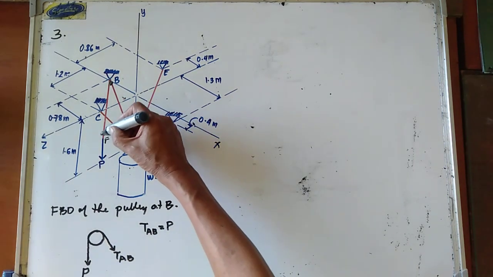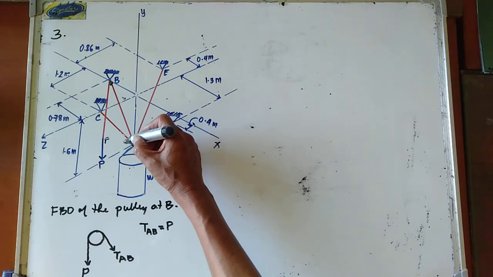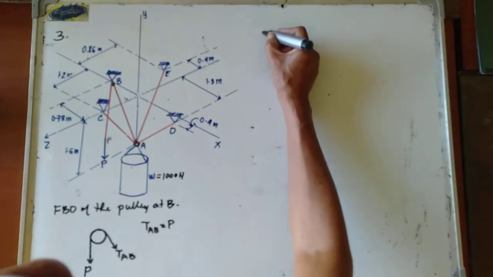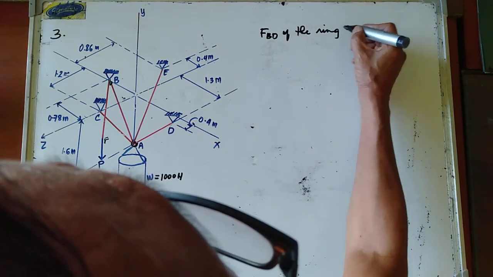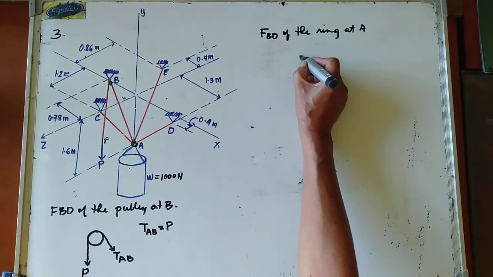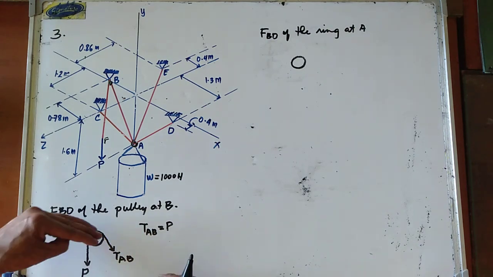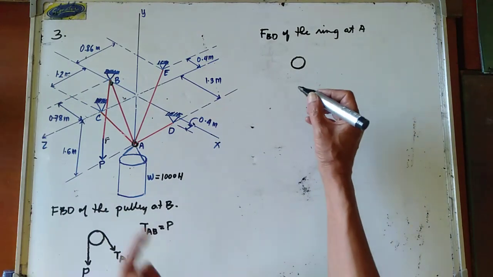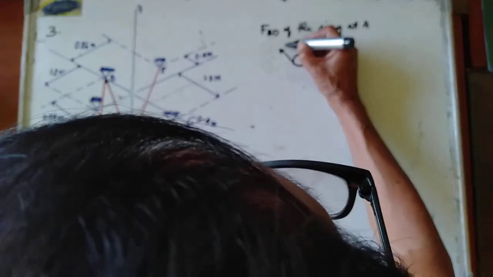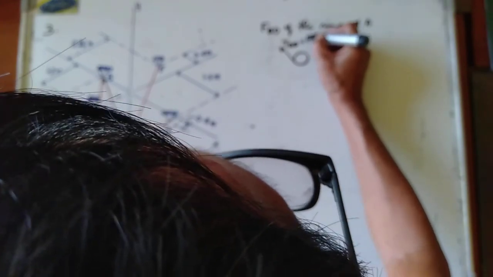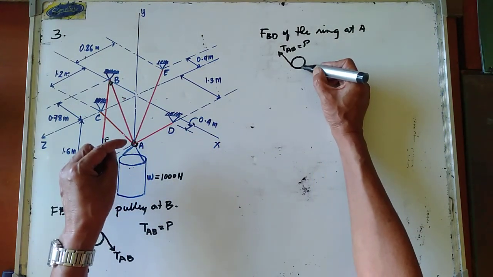Now, take note that this passes through a ring at point A. So this is the ring at point A. This is your TAB, which is also equal to P. And then this is attached to a cable AD.